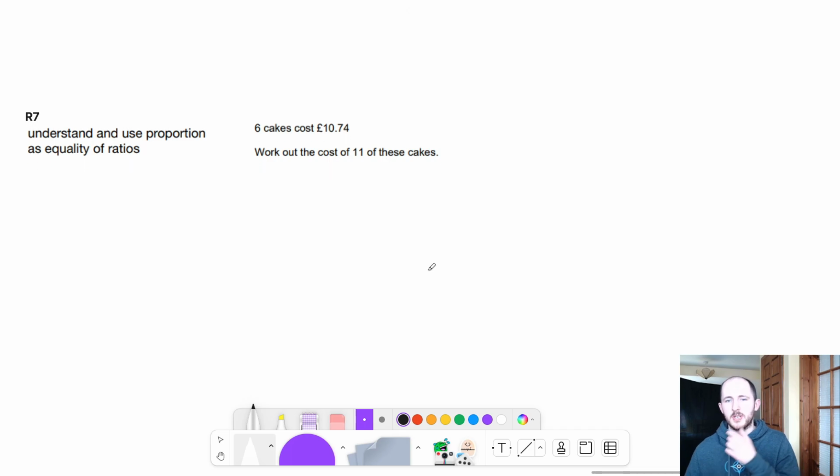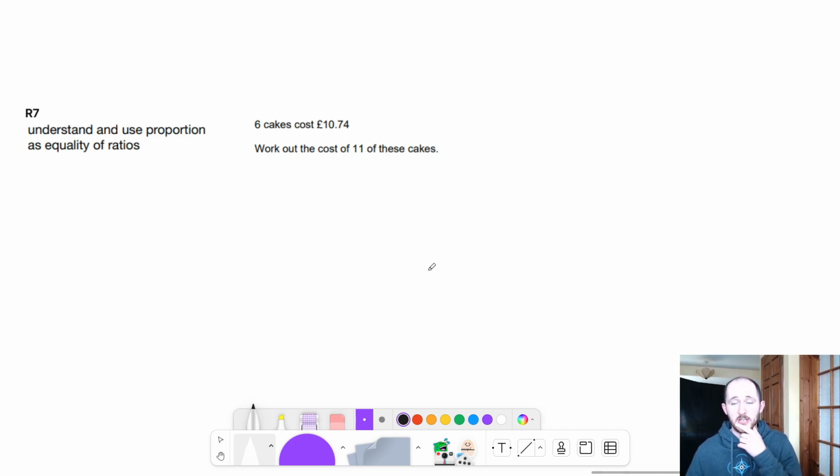Understand and use proportion as equality of ratios. So basically this is proportion. And the way I do proportion is it says here 6 cakes cost £10.74. So I can do 6 to 10.74. And I want to work out how much 11 cakes is worth. So I work out how much I times 6 by to get to 11.